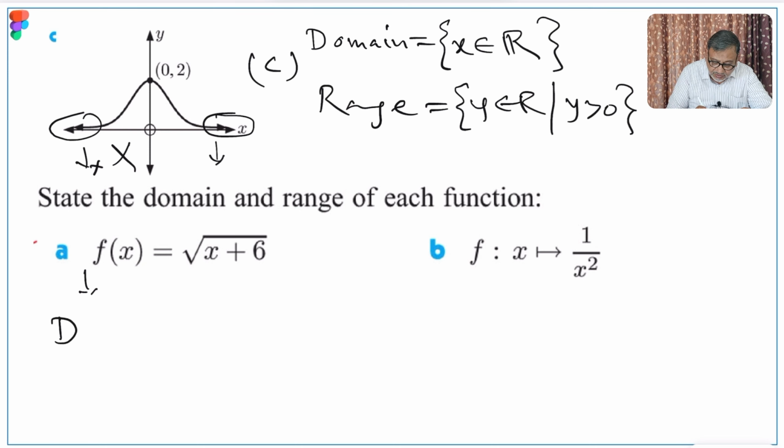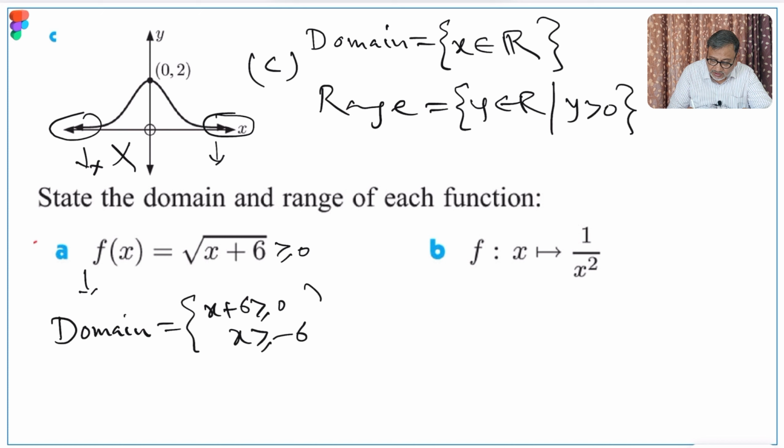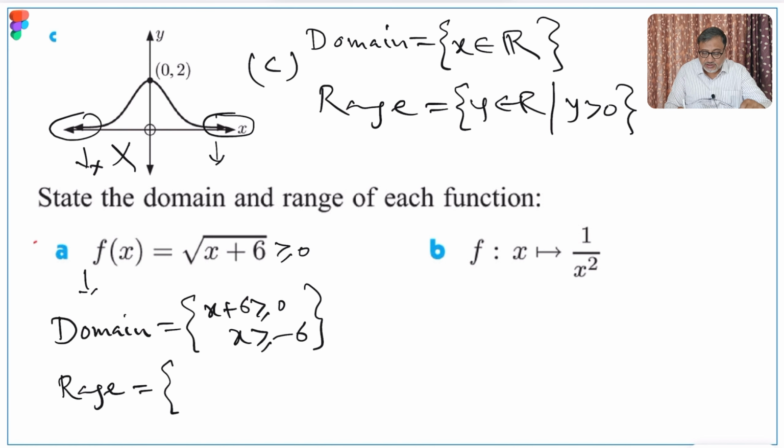Now example C. State the domain and the range. The domain of this question, C, how will it be? The expression under the square root is greater than or equal to 0, which means x is greater than or equal to negative 6. This is the domain. For the range, the whole expression is in a square root, and we know that a square root is always positive, right?